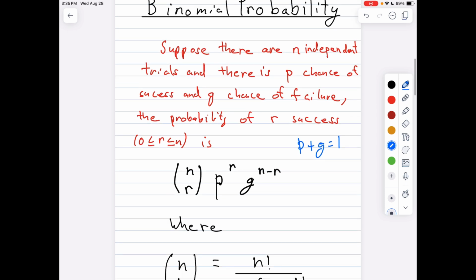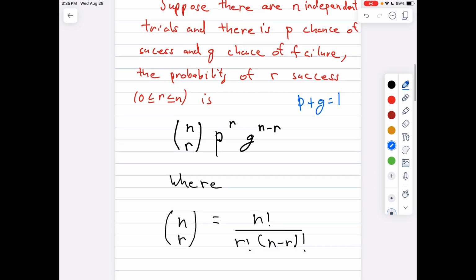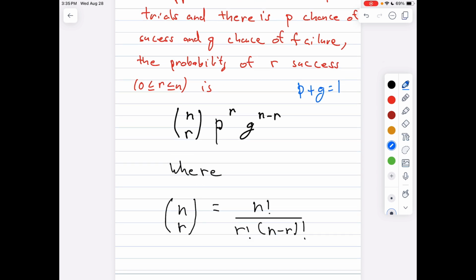The probability of having r successes is given by the formula you see here: n choose r times p to the r times q to the n minus r, where n choose r is n factorial divided by r factorial times n minus r factorial. That's what n choose r means, okay?